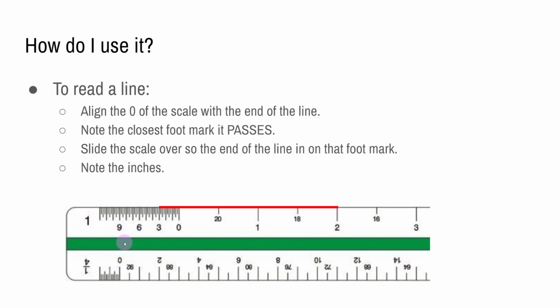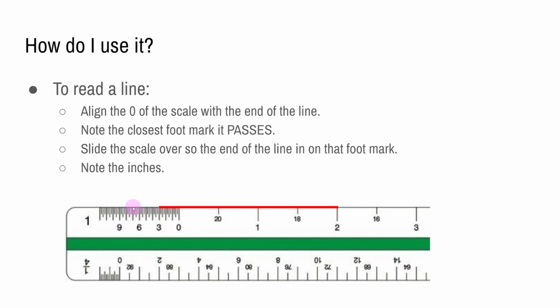Now when creating lines with a scale, we rarely ever want to actually draw with our scale. We just use it to make notations for amounts, and then we would use a straight edge to draw with it because we don't want to muddle up the edge with pencil or marker, things like that.